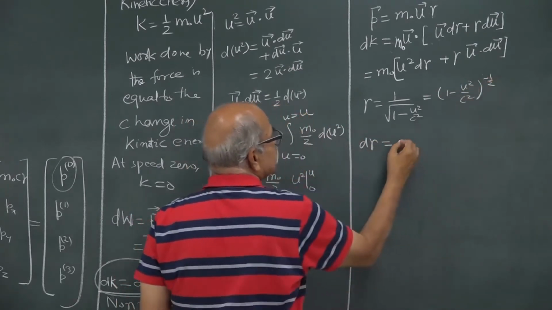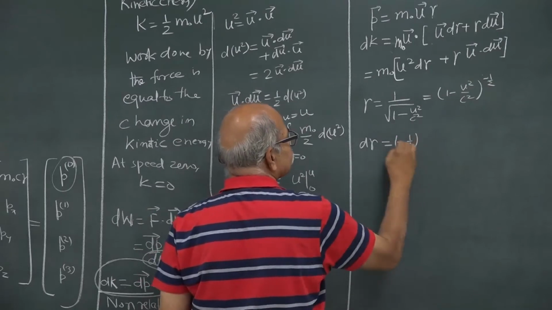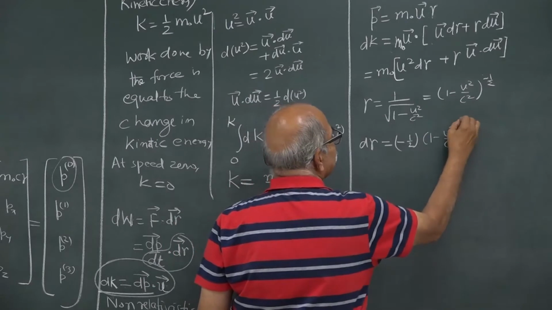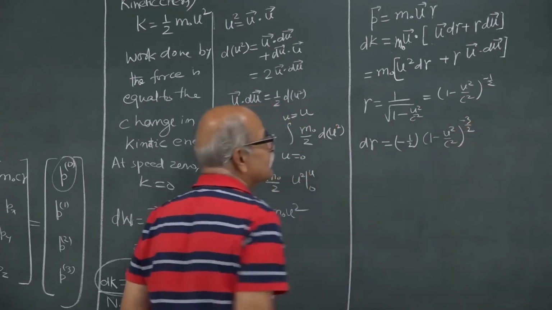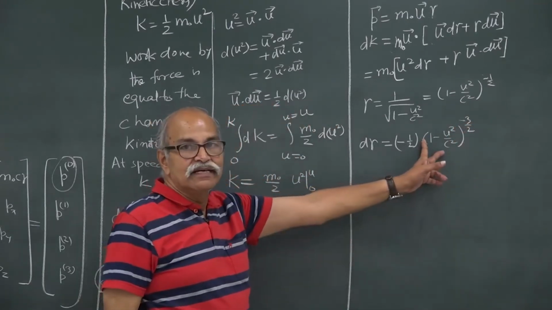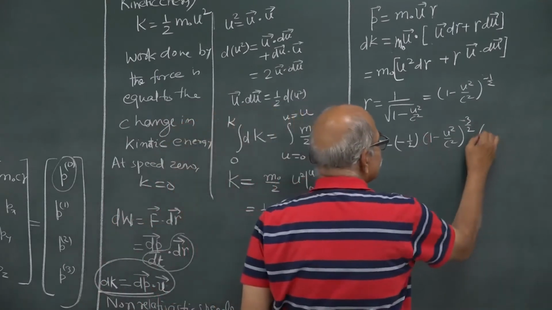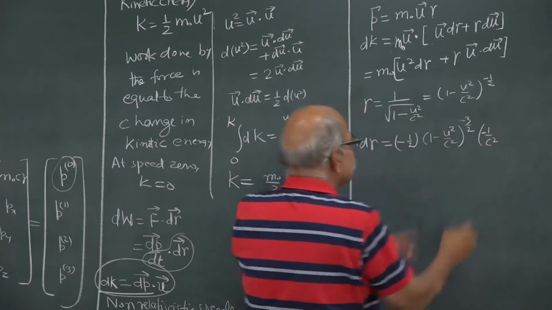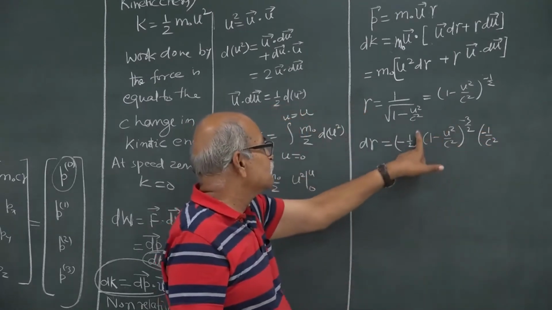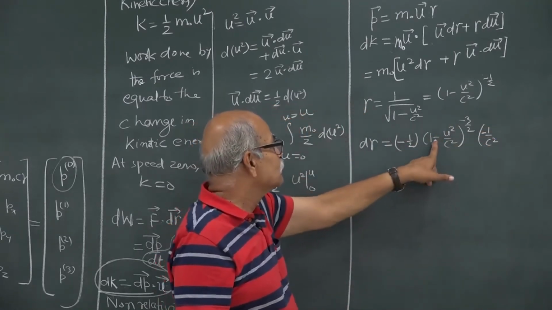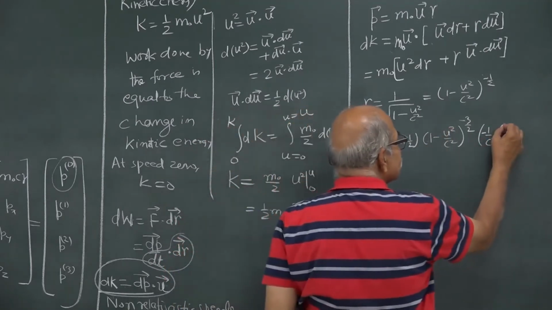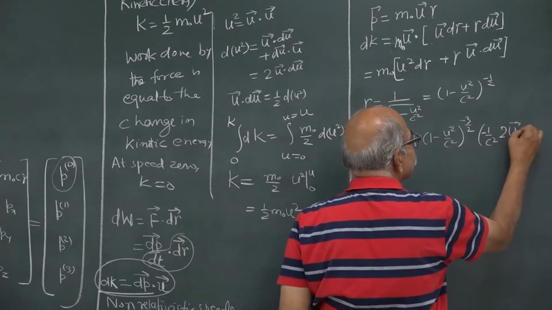First you differentiate this minus half, then 1 minus u square by c square to the power minus 3 by 2 here, then you differentiate this, and when you differentiate this you have minus 1 by c square. You are differentiating with respect to u, so minus 1 by c square times u square. U square, when you differentiate, you get 2 times u dot du.